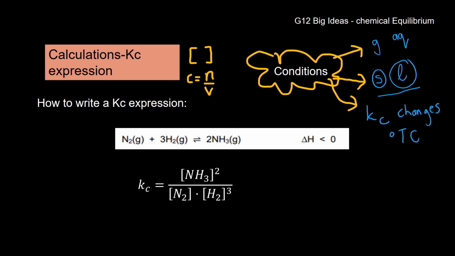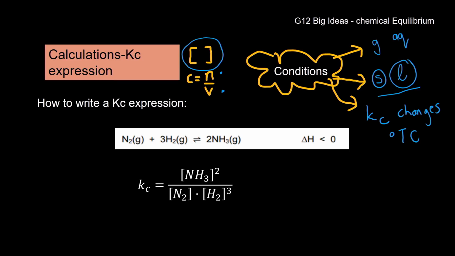It is constant. Right, here we have the symbols that we're going to use for concentration. They're square brackets. Concentration, we know, is the number of moles divided by the volume. For a particular reaction, we are going to express the Kc value as follows. I've given you an example here. It is the formation of ammonia gas.